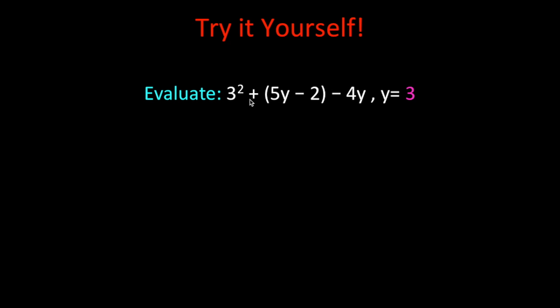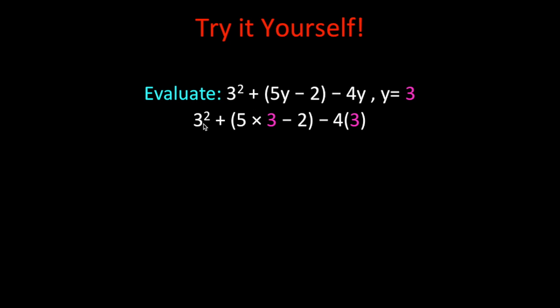Another problem for you to try. Go ahead and pause the video. Give the problem a try, then you can unpause it and continue to see the answer. 3 to the second power plus parentheses 5y minus 2 close parentheses minus 4y, and y equals 3. So you're going to replace y by 3 in the expression. Wherever you see y, you replace it by 3.